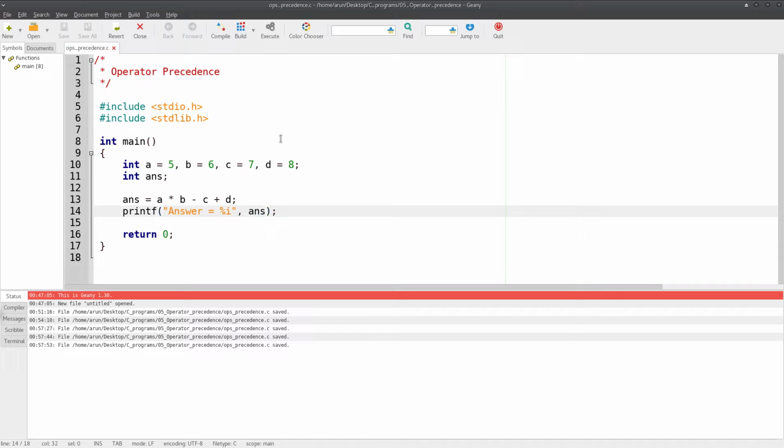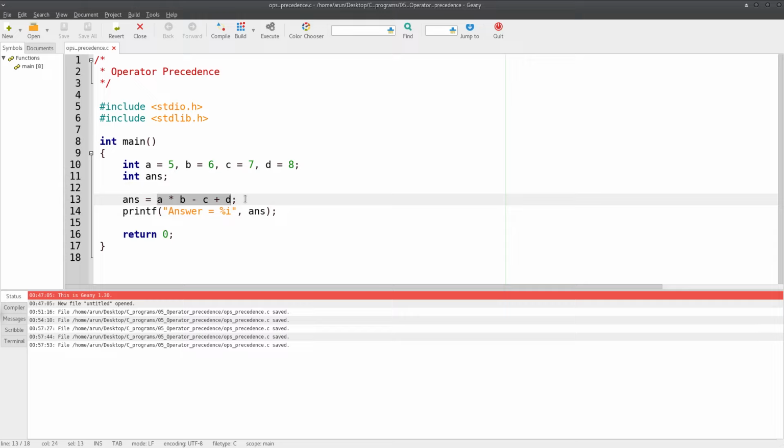What would be the value of this answer, by the way? You can run this to see for yourself, but before you do that, I'd suggest you take a piece of paper, plug in these values, and try to get the answer for yourself. How does this operation actually take place?